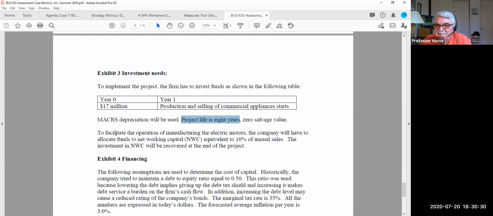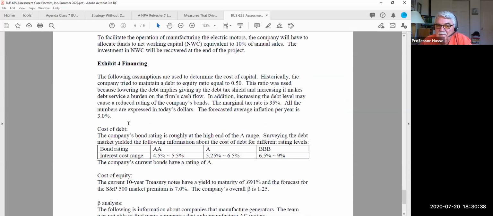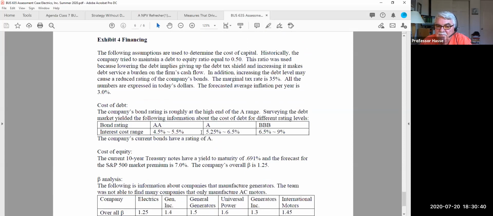You're spending $17 million in year zero. How much is that $17 million costing you? This is where that is given. You have to determine the capital structure of this company, the after-tax cost of debt, and the cost of equity.